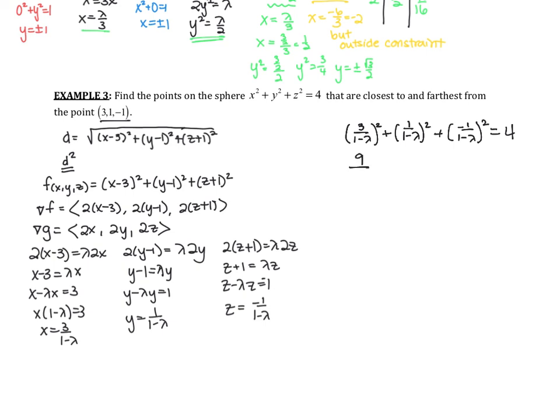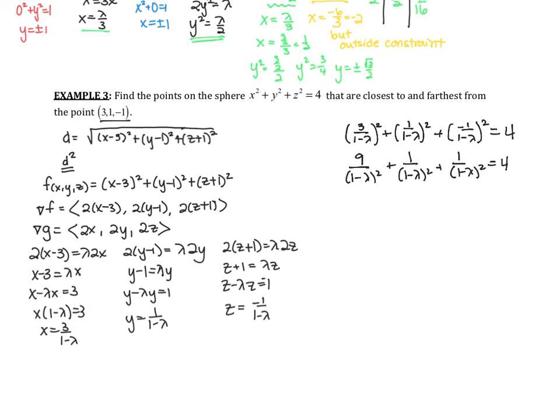So we get 9 over 1 minus lambda squared, plus 1 over 1 minus lambda squared, plus 1 over 1 minus lambda squared equals 4.